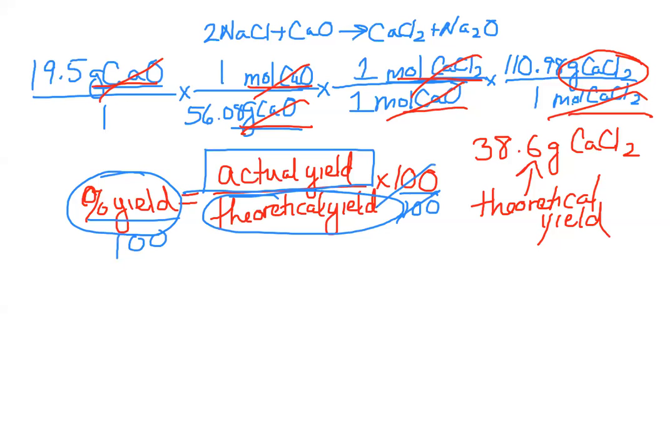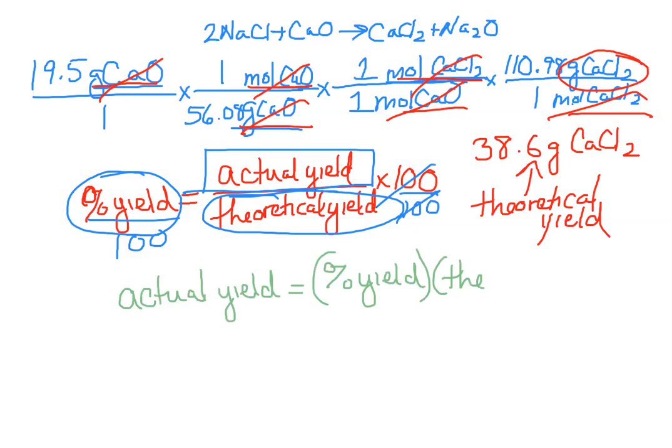So rearranging this formula to solve for actual yield, we get percent yield times theoretical yield divided by 100.